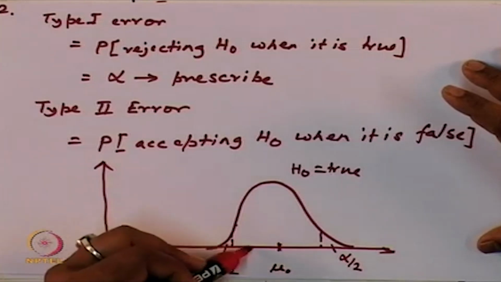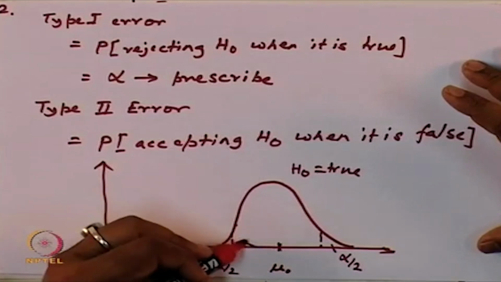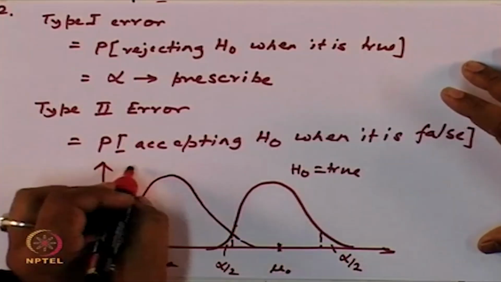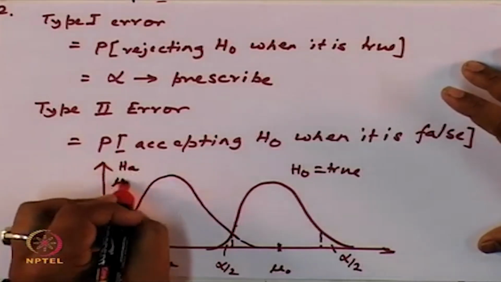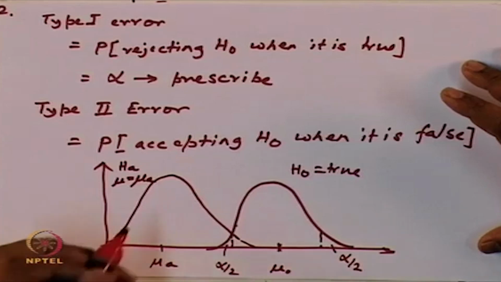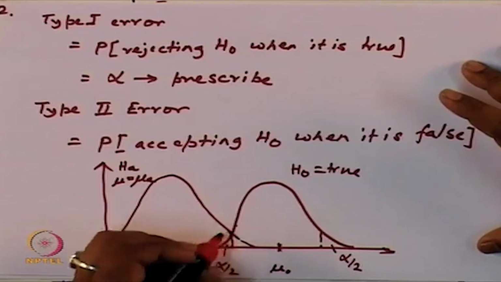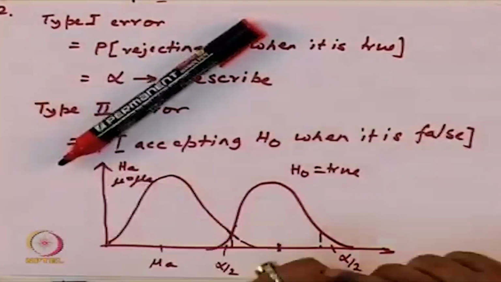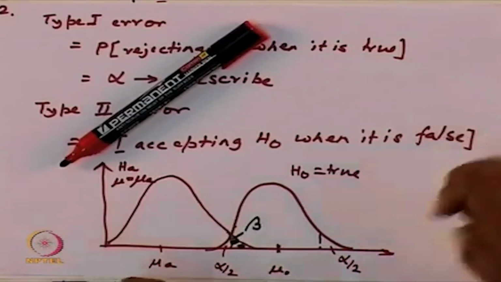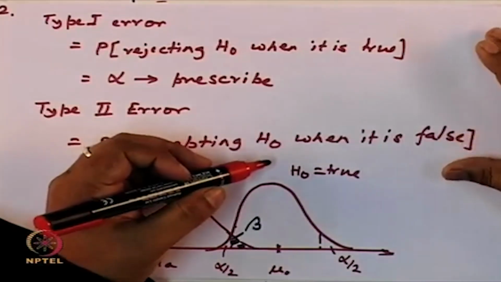So, then the distribution, say you get, this is your alternative hypothesis, which is mu equal to mu a, which is distinct from mu naught. So, what you see is this area in this part of the curve, this you call beta, and this is the probability of accepting H naught when it is false.